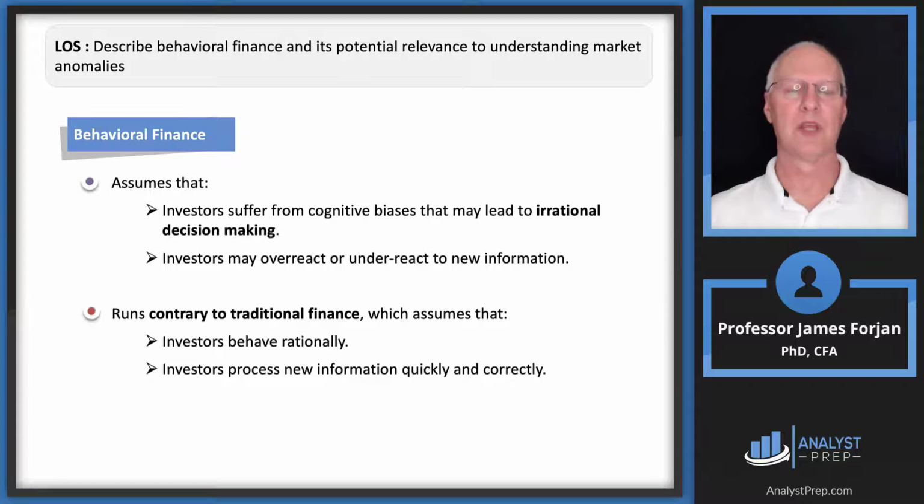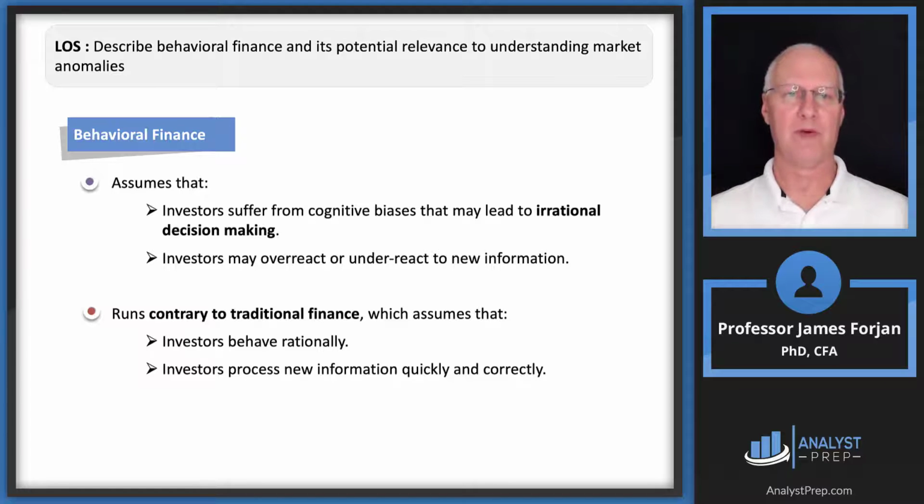All right, let's move on to the last section or two of this reading. And I will say that the behavioral finance section in this reading is super small. It's very compact. So I'm going to give you just a little bit more than what is given in this reading. And this is really in preparation for a much more detailed conversation about behavioral finance in future study sessions.